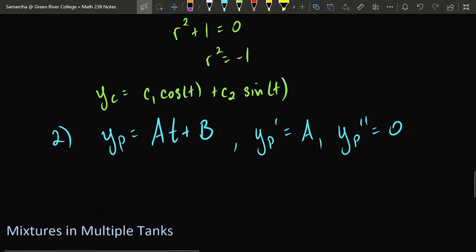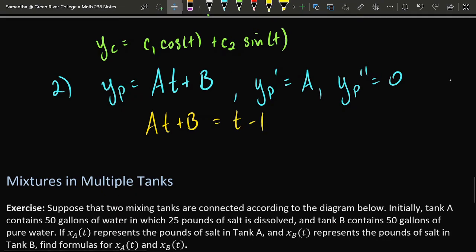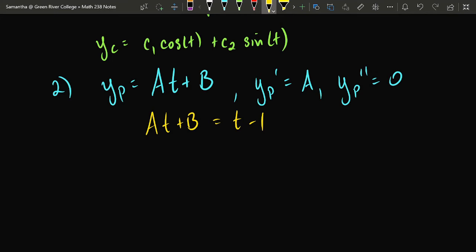Now if I plug that into our differential equation, y double prime is just 0. So I'm left with at plus b, our y function, is equal to t minus 1. So that's super straightforward. It looks like y sub p is exactly the same thing as our function on the far right side. Nice.